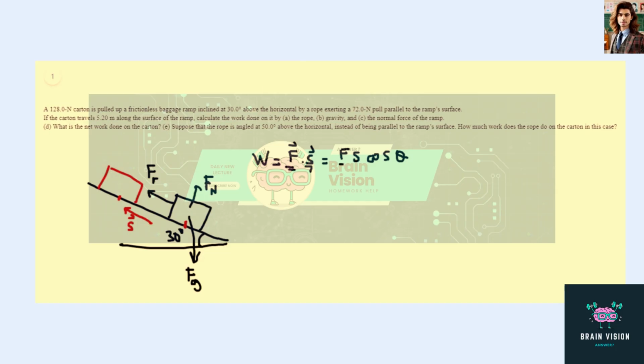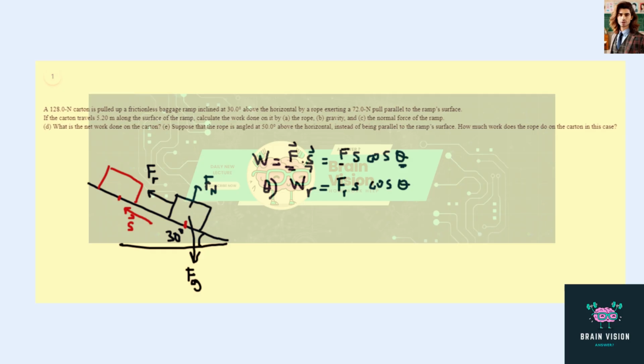Since in all the parts of this problem we're asked to calculate the work done, figuring out what theta is going to be is really important for us. In part A, we are to calculate the work done by the rope. So we have the force exerted by the rope times the magnitude of the displacement vector and the cosine of the angle between these two vectors.